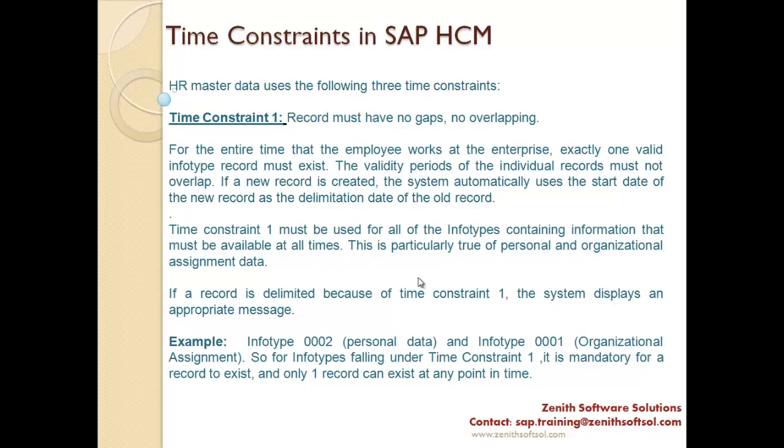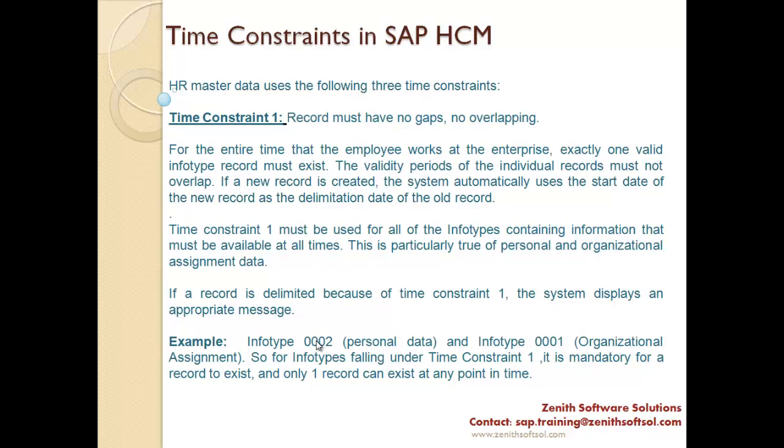Meaning that, take the example of infotype 2. You cannot have two names in the same period. Like from 1/1/2014 to 12/31/9999, you cannot have the first name John as well as a record with Adam as the first name. So basically at a particular time only one record will be valid.